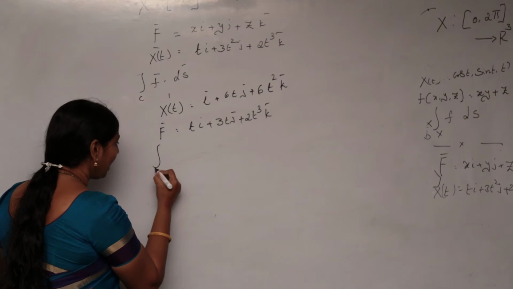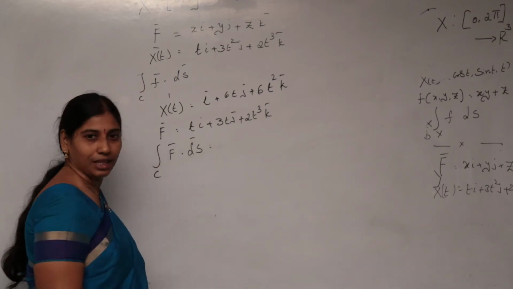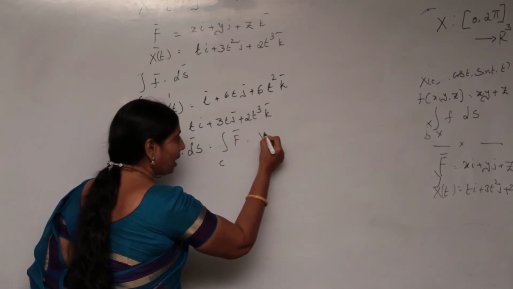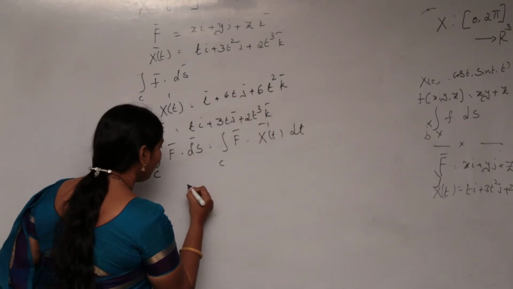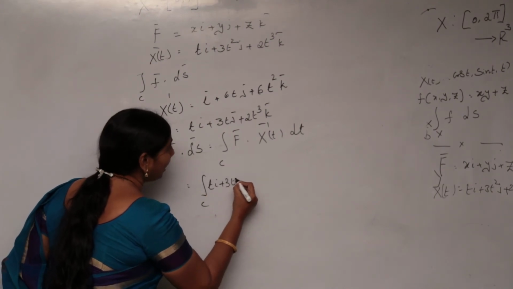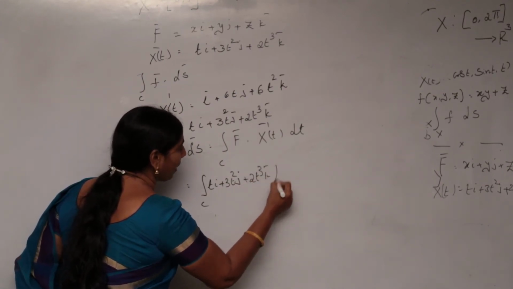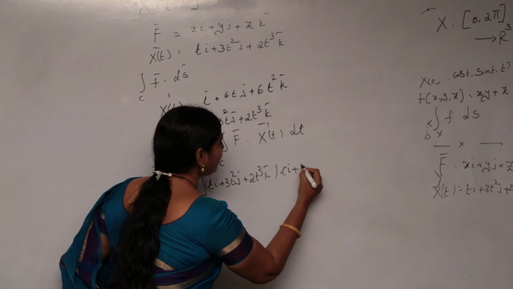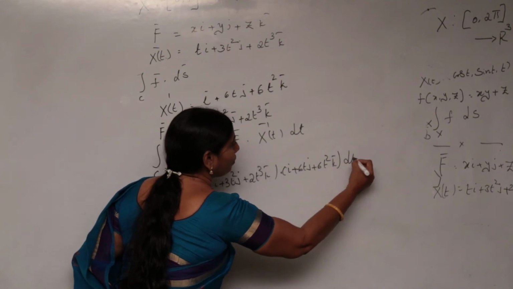Then the integral along the curve C, capital F bar dot ds bar, is nothing but the integral along the curve C, capital F bar dot x dash t bar dt, which is nothing but, along the curve C, our F bar is t i bar plus 3t square j bar plus 2t cube k bar dot our x dash t, which is i bar plus 6t j bar plus 6t square k bar, dt.